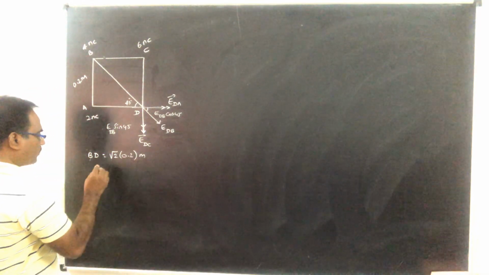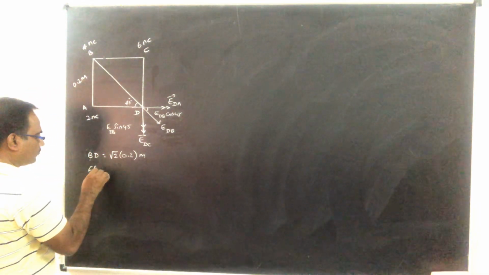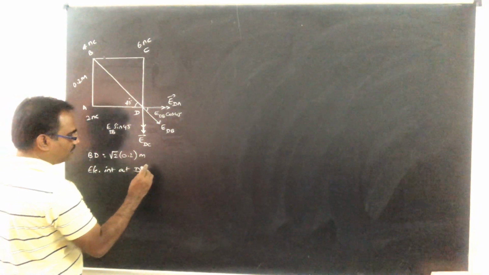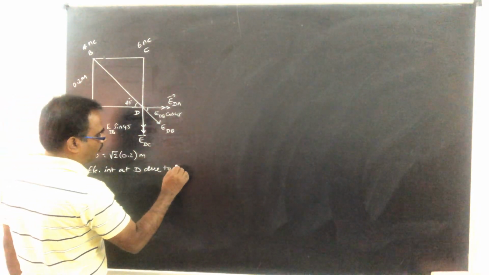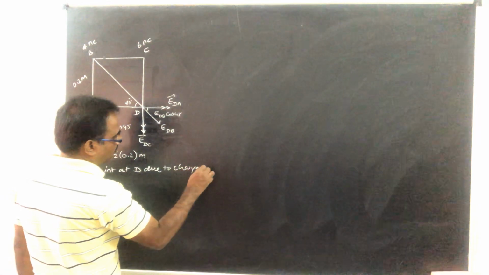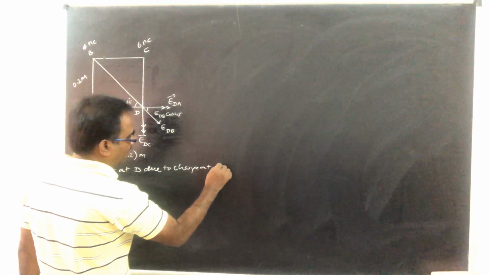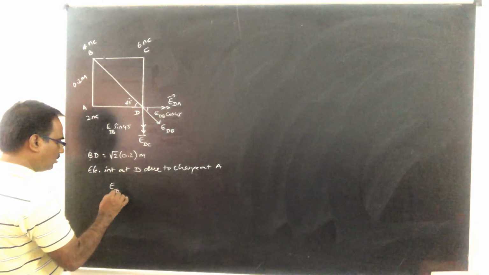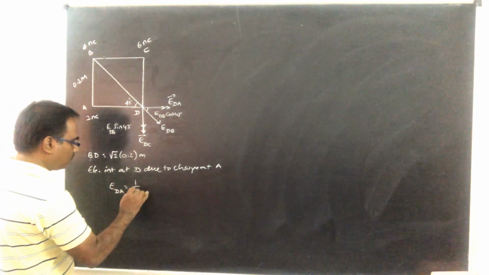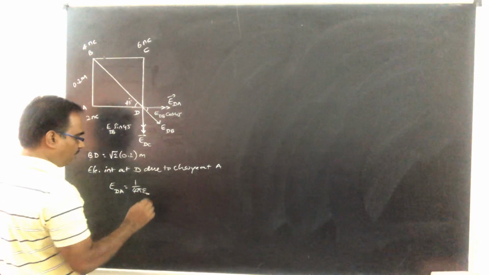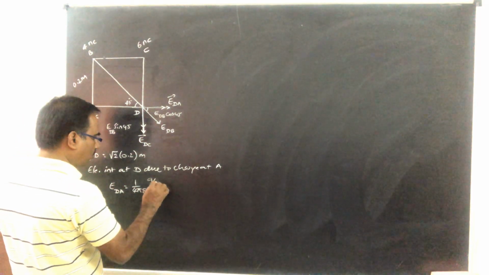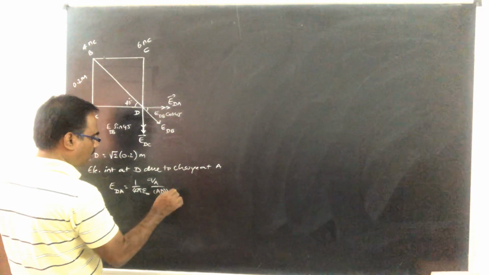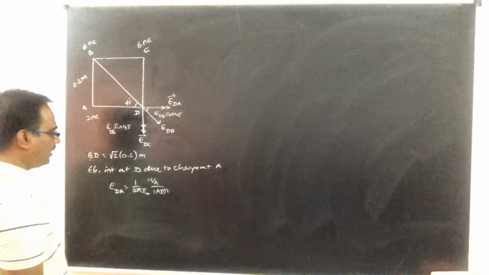So first let us find the electric intensity at D due to the charge at A. EDA is 1 by 4 pi epsilon naught QA divided by AD square.